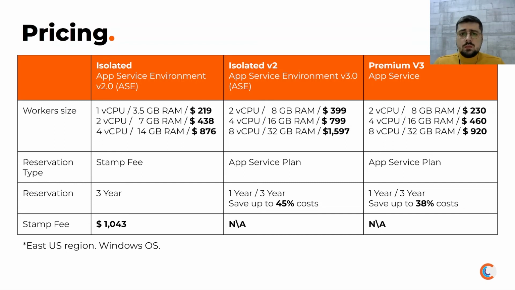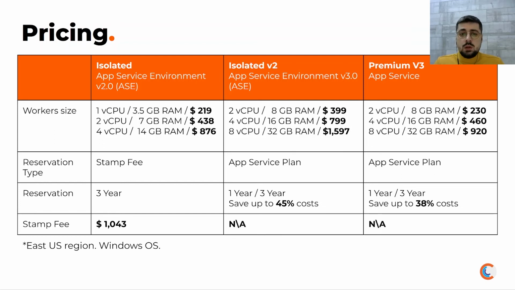Regarding the old plan ASE v2, the stamp fee was gone in v3, which was, by the way, more than $1,000 per instance per month. Also added is the ability to make a reservation for 1 or 3 years, which will help you save up to 45% of your money.